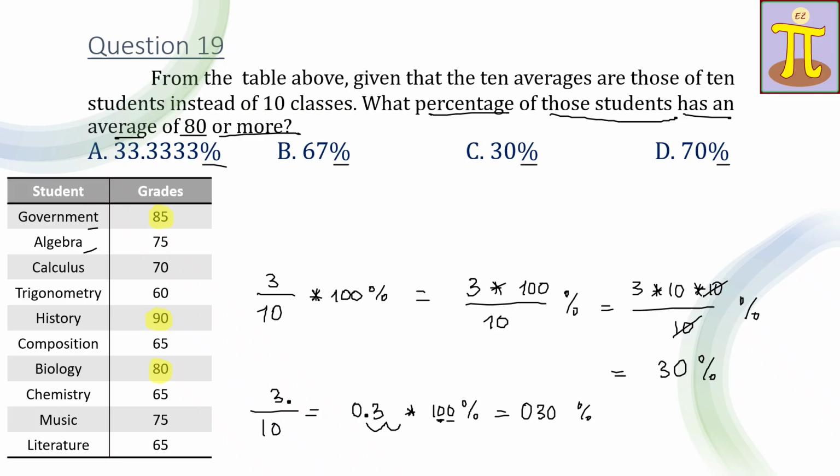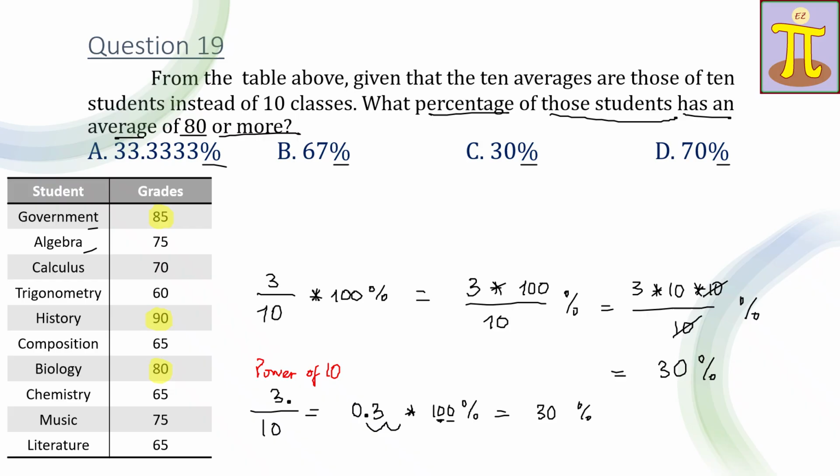And the 0 in the front doesn't have any meaning, so we just erase it. Then you have 30%. If you want to use the power of 10, then you can use it, or just do the multiplications.